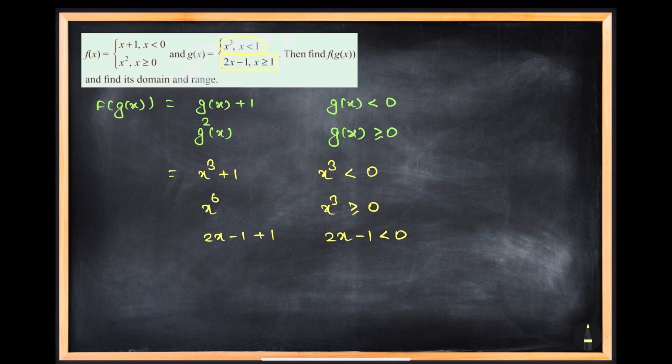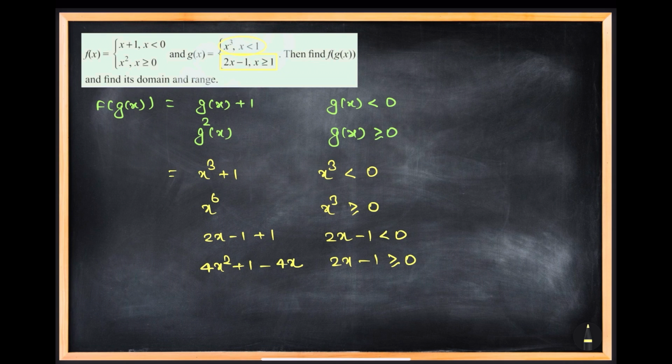Now the second part, g of x square, so it is 2x minus 1 whole square. So let's write down the direct thing. It is (a minus b) whole square, so it is 4x square, a square plus b square, minus 4x, right? And then again 2x minus 1 greater than or equal to 0.